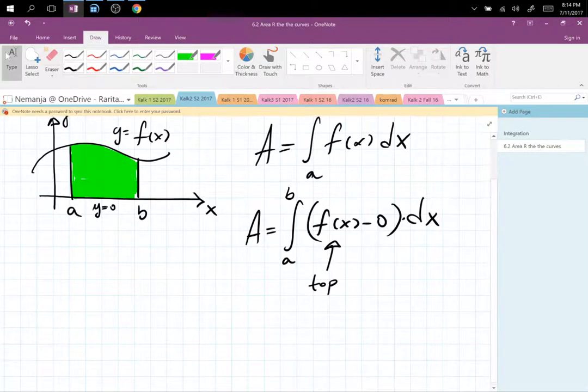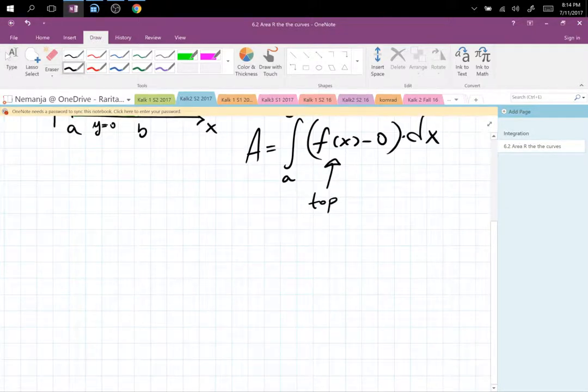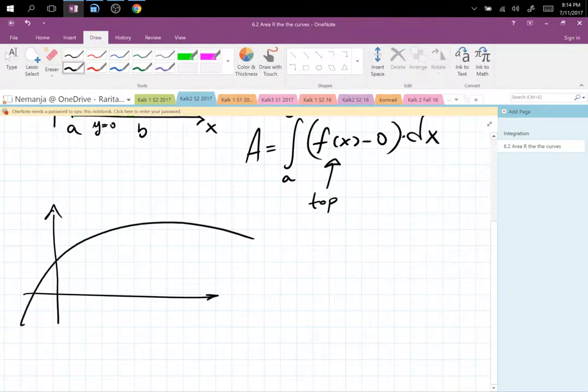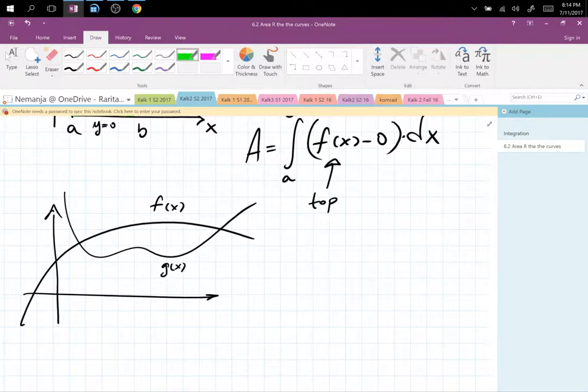That will help us greatly when we consider the Calculus 2 case, which we are thinking about today, which might look like this. Observe that you have f of x function on the top and g of x function on the bottom, having the area trapped in between.